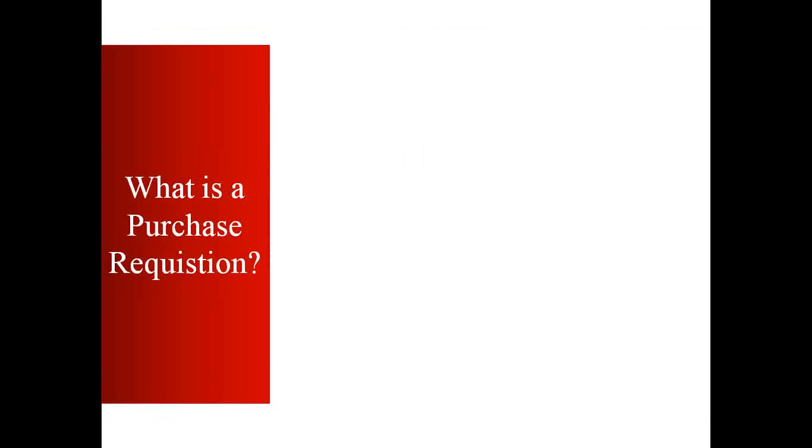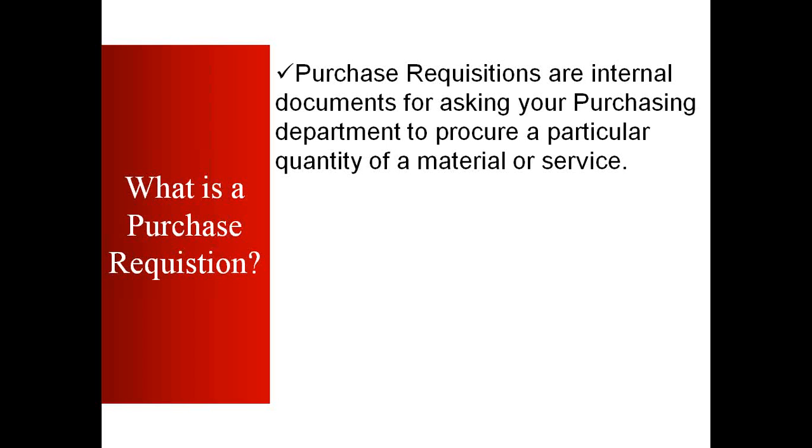That means if I'm working as a purchasing officer in a company, and someone in the plant, say maybe the production supervisor or the quality supervisor, needs to procure something, they will not directly create a purchase order. They will first create a purchase requisition, like a request for a purchase. Then it will come to me as a purchasing officer, and I will decide whether we need to make a procurement or not.